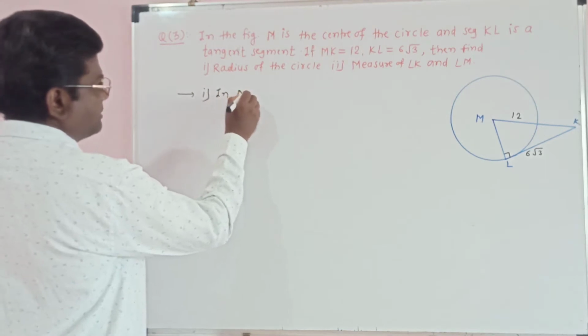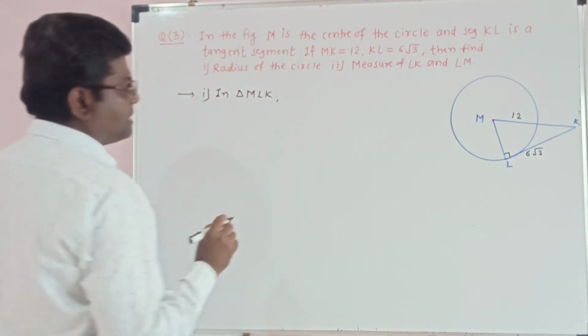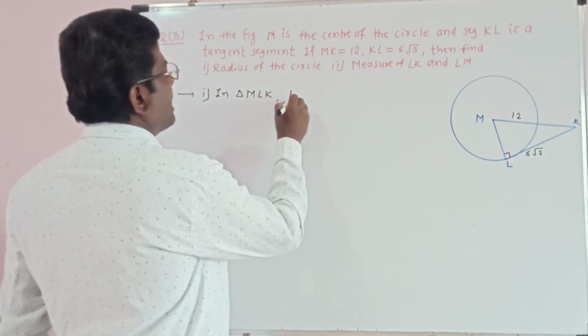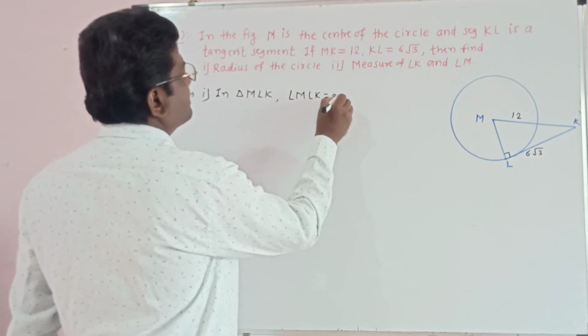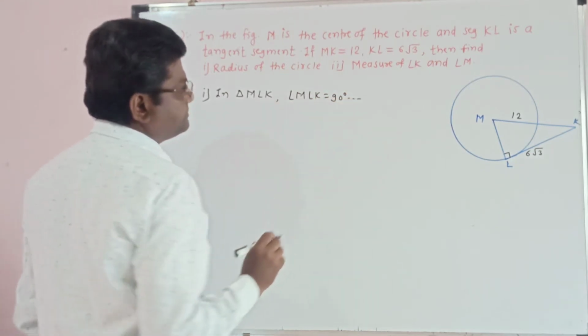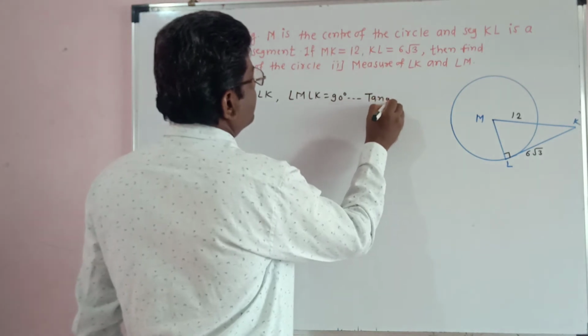In triangle MLK, angle MLK is equal to 90 degree. Reason is tangent theorem.